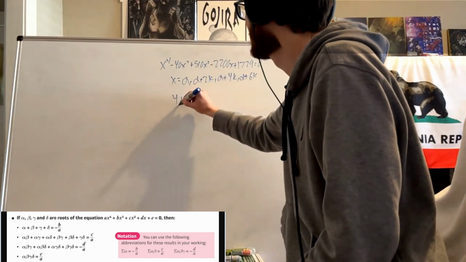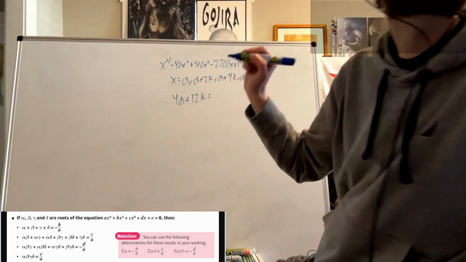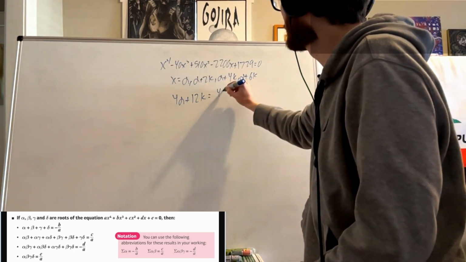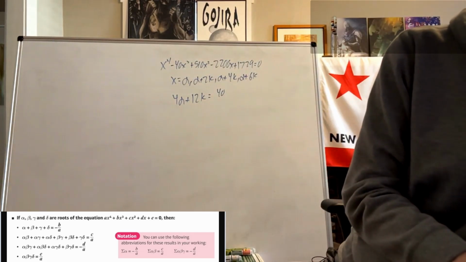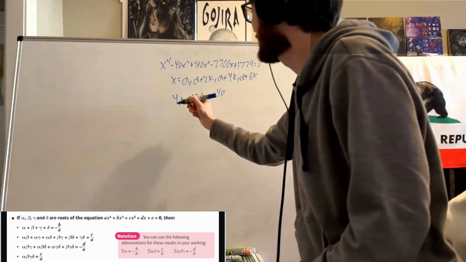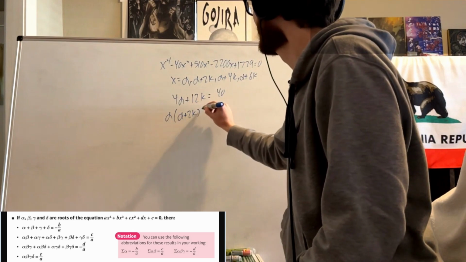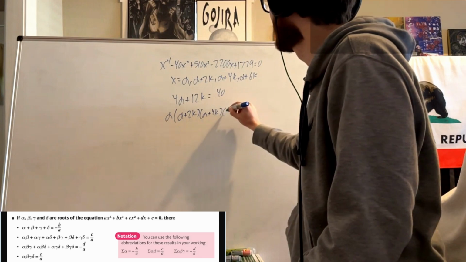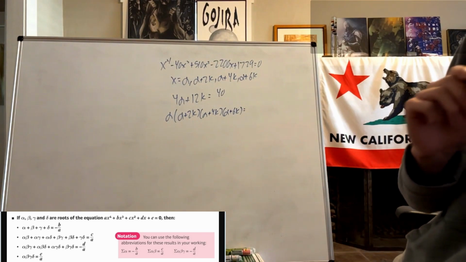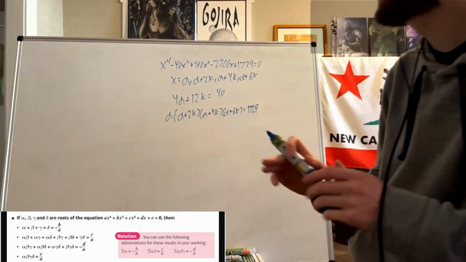So we're going to have 4 alpha plus 12k is equal to minus b over a. So 40 is already minus, so just 40, and over 1 is just 40. Okay. So that's our first equation with 2 unknowns. And then the part that's going to suck is the product part. Alpha plus 2k, alpha plus 4k, alpha plus 6k is equal to e over a, and e is the constant. And a is 1, so it's just 1729. Okay.